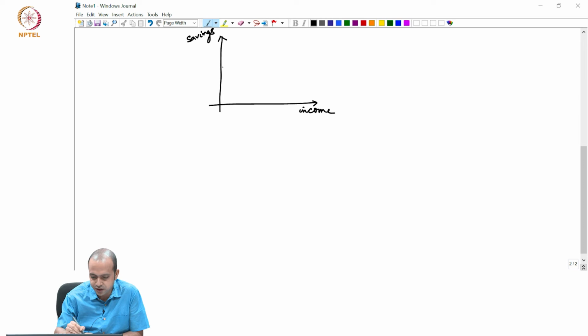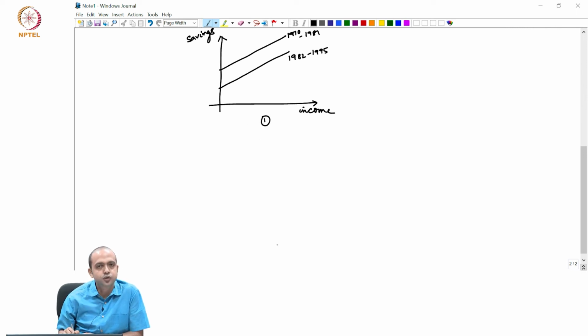So, let us say 1970 to 1981, and this is 1982 to 1995. This is case 1. So, in this case, post recession period, the slope is the same, but the intercept is different.